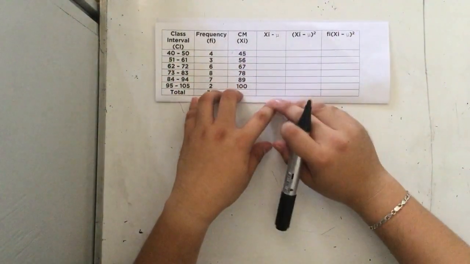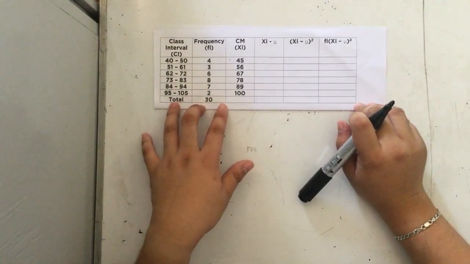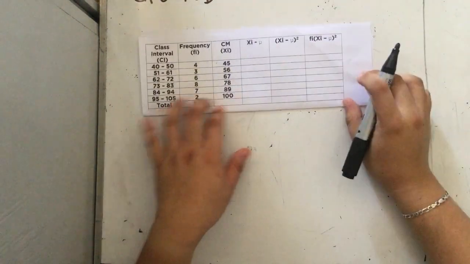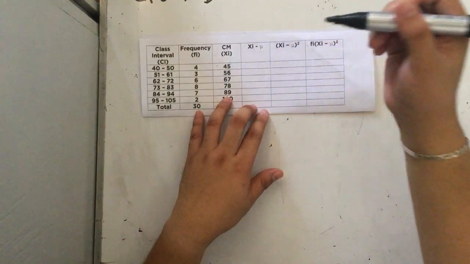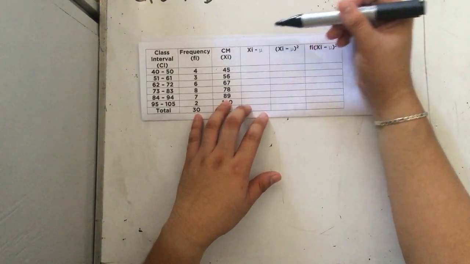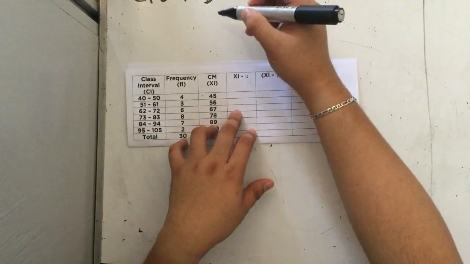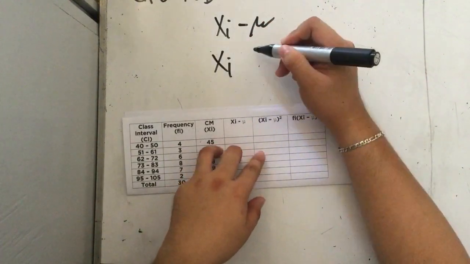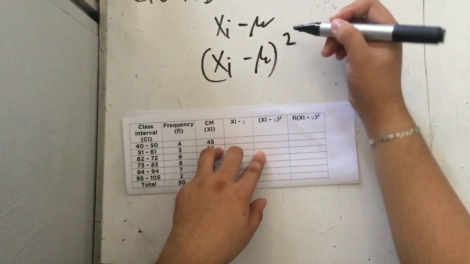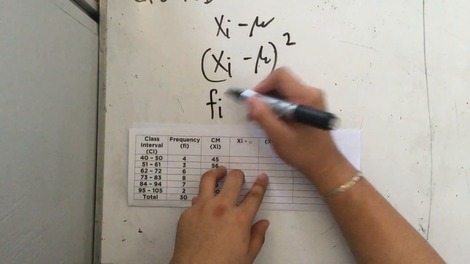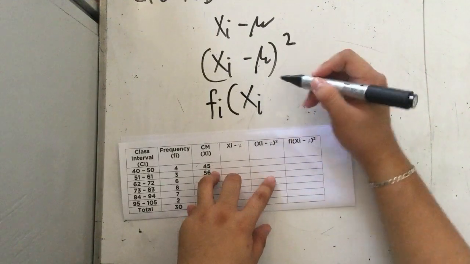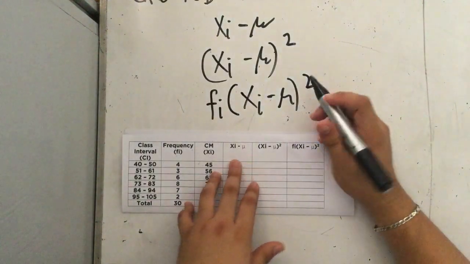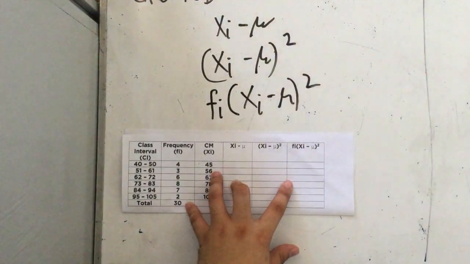Okay, to start our computation of measure of variability for group data, mahalaga na iuna na natin yung computation doon sa table natin, yung x sub I minus our mean, tapos sa x sub I minus our mean square, and we have f of I times x sub I minus mean square. So ito yung tatlo doon sa ating data na ilalagay para ma-compute natin yung measure of variability.